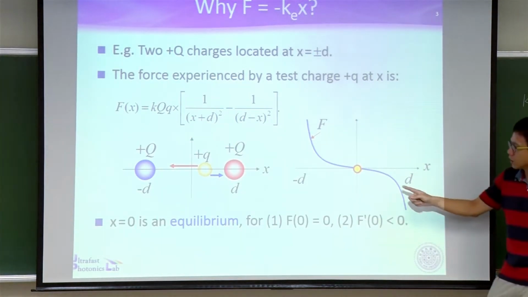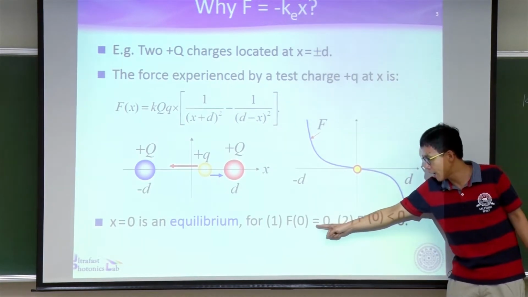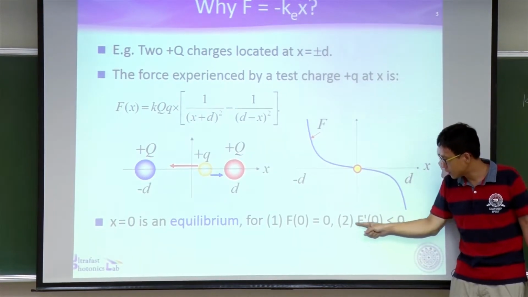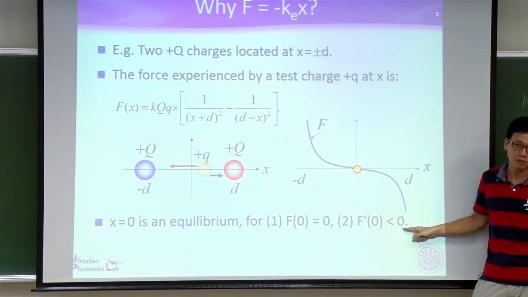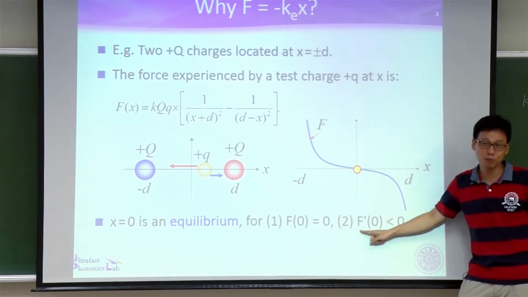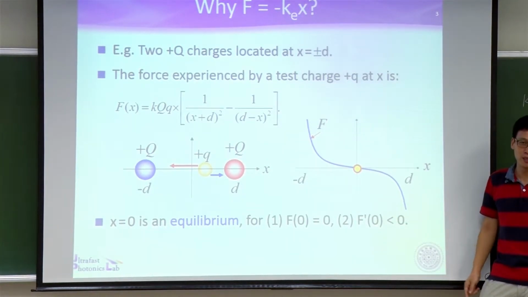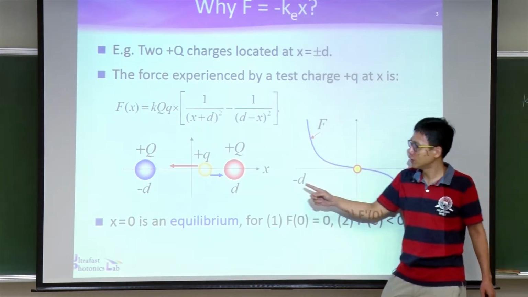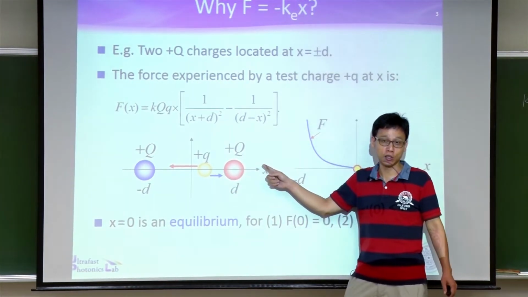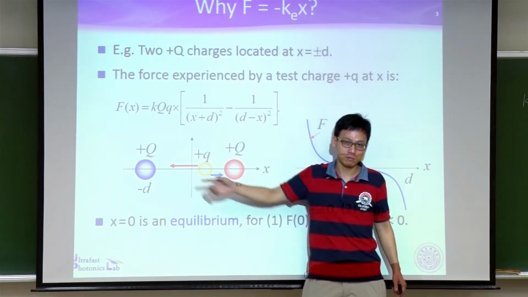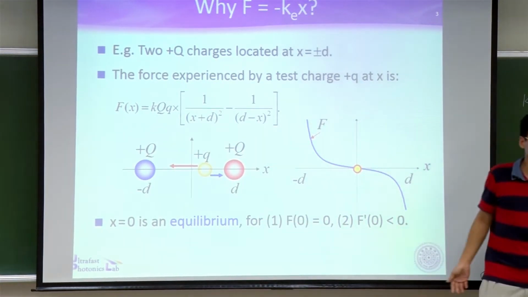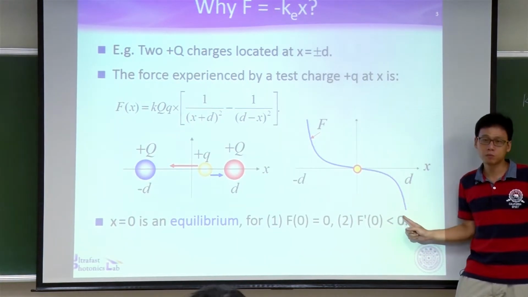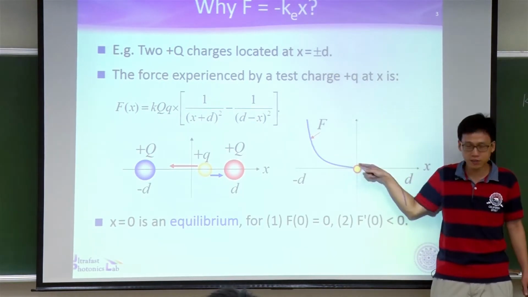So this is the equilibrium because F of 0, the net force, is 0 at this position, and the slope is negative. This is important. If your slope is positive, this is not an equilibrium point, right? If the slope is positive, then to the right it gets pushed further right, and to the left it gets pushed further left, and it quickly runs away. That is not an equilibrium point. So both conditions are needed: total force 0, slope negative. Okay, in this case, it's true.